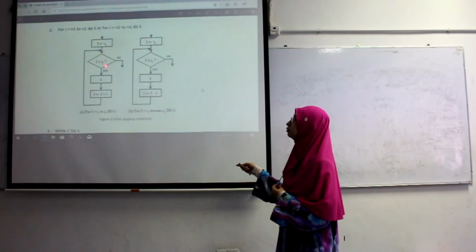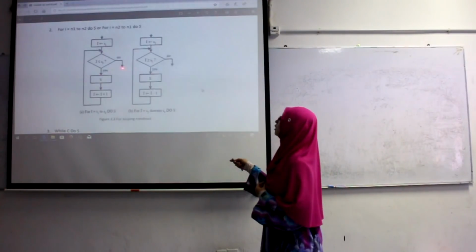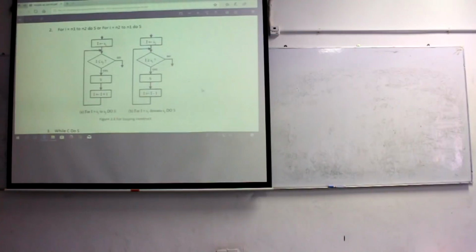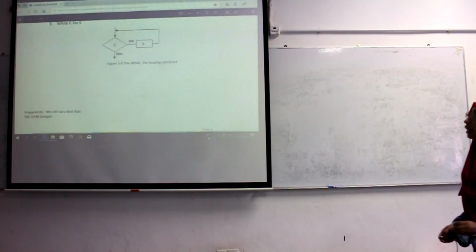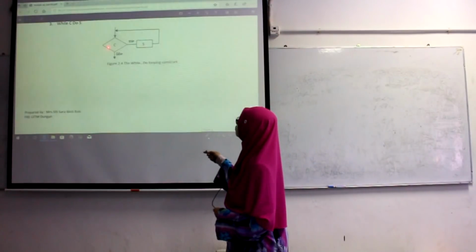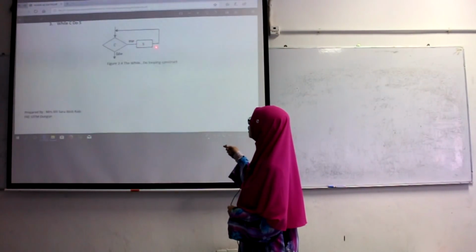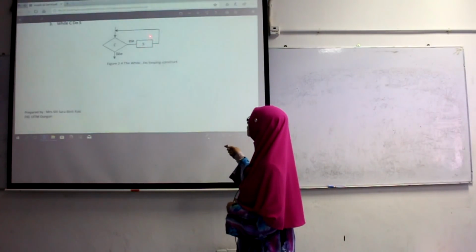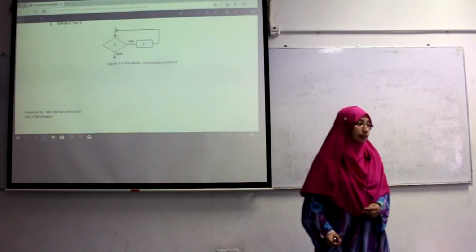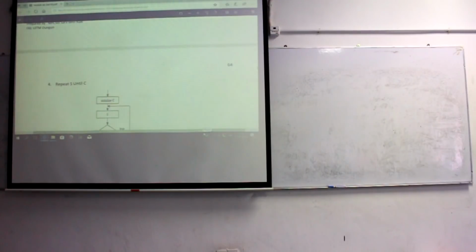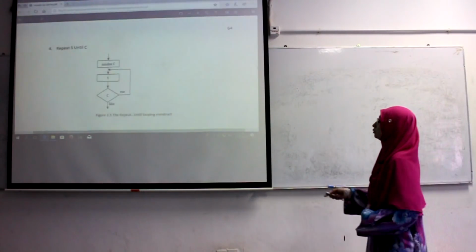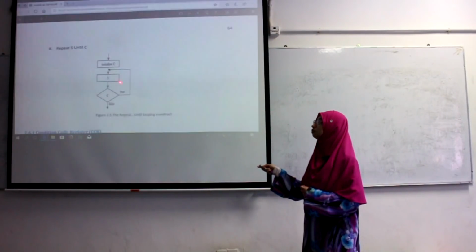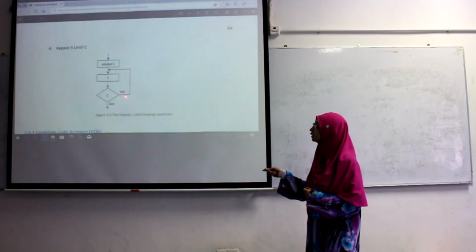If the condition is fulfilled, we have to do S, and if this is true, we always do S. Next we have while C do S. As long as C is true, we will always execute S. And the last one, we have repeat S until C. We will always do S until C is true.